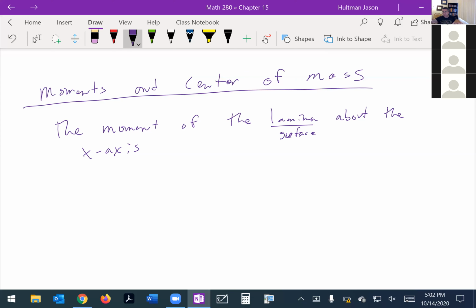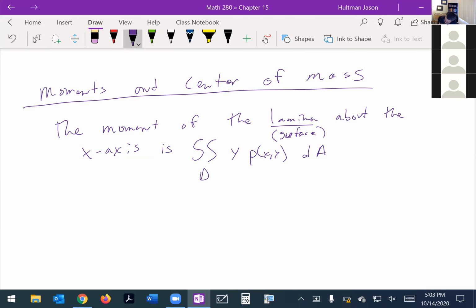The moment of a lamina, a surface, about the x-axis is the double integral over D of y times rho of xy dA.